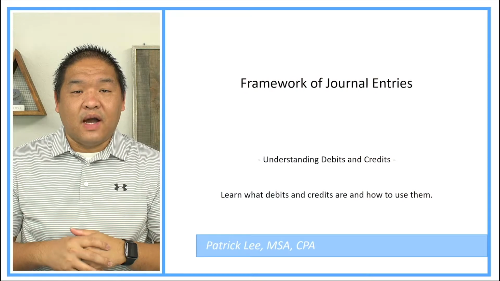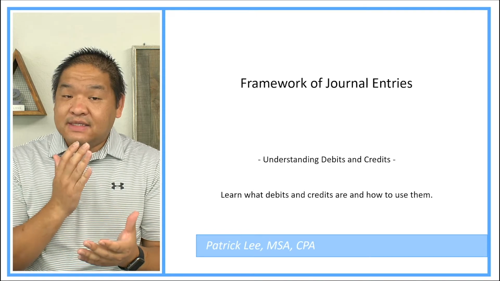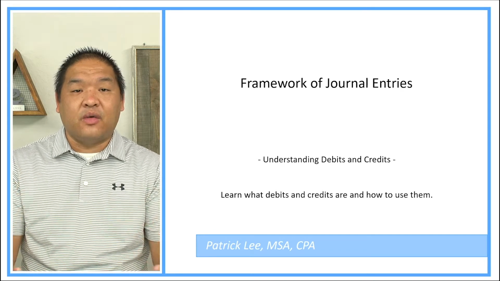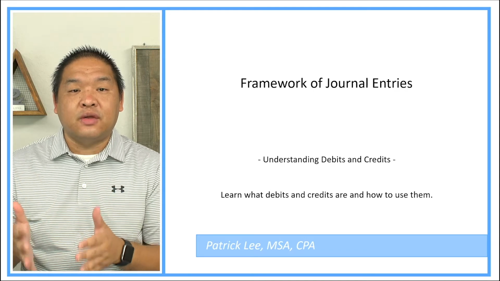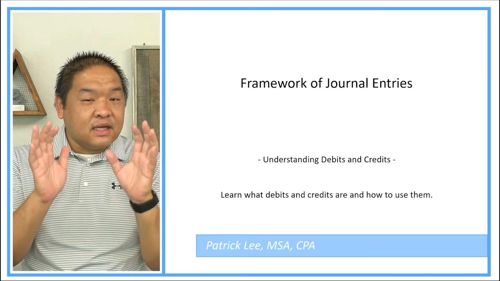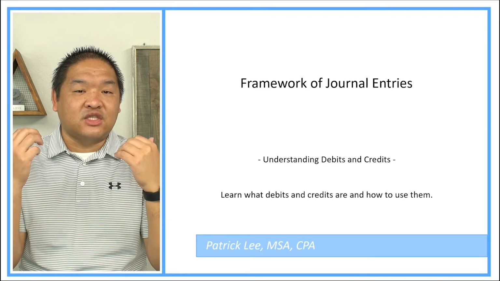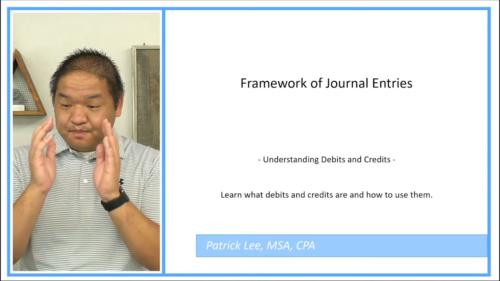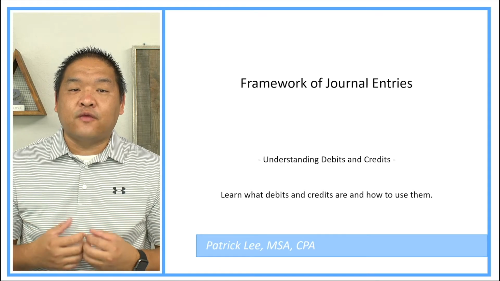All right, in this lesson, we're going to walk you through the framework of journal entries. In the last few lessons, we've been talking about debits and credits and how those debits and credits interact with the expanded accounting equation. At the end of the day, what we're trying to do as accountants is to actually do journal entries, because this is how we take an economic event, organize it in a manner that the accounting information system will accept it, so that we can manipulate that data to create information so that external users, or really any users, internal or external, can use that information to make decisions for the organization.